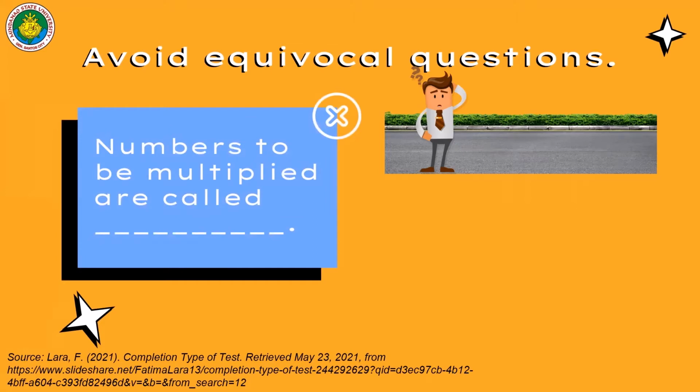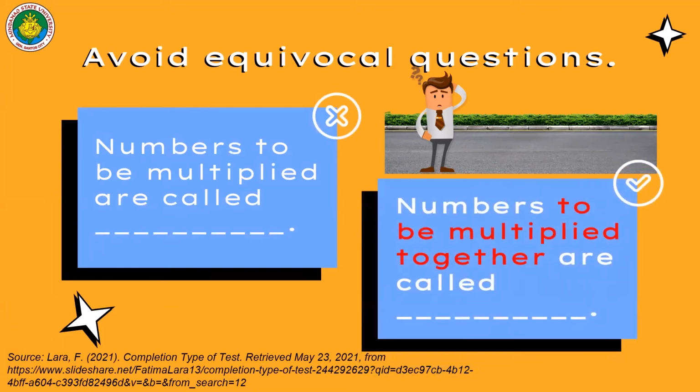Numbers to be multiplied are called blank. So there are a lot of meanings to it, so it is difficult to interpret or to even understand it. So the correct way to do this is to put a statement that makes the answer be specific. So here, the numbers to be multiplied together are called blank.